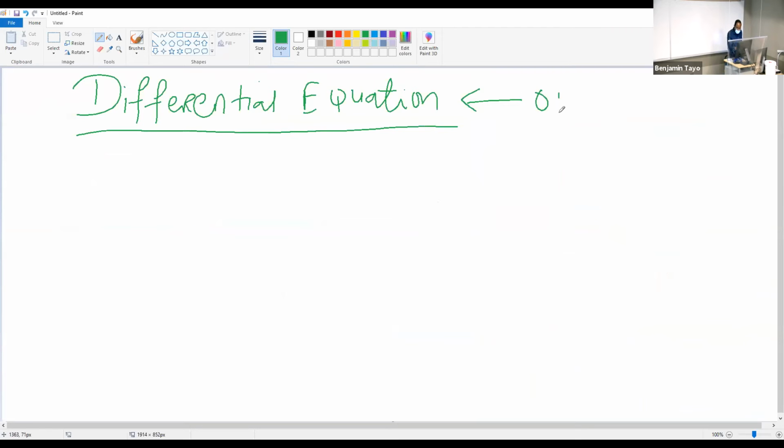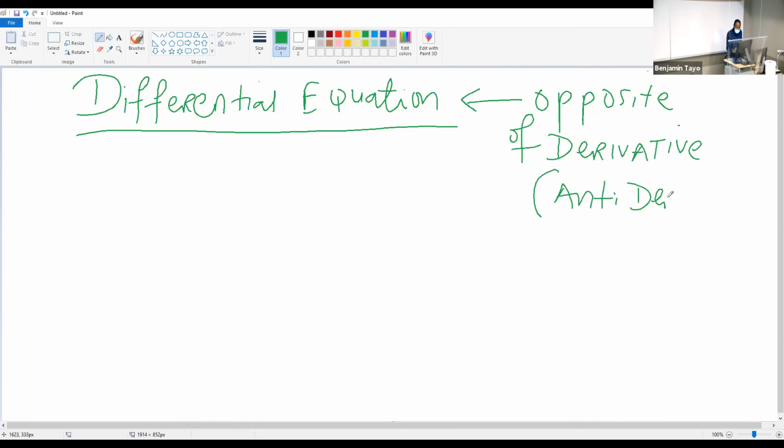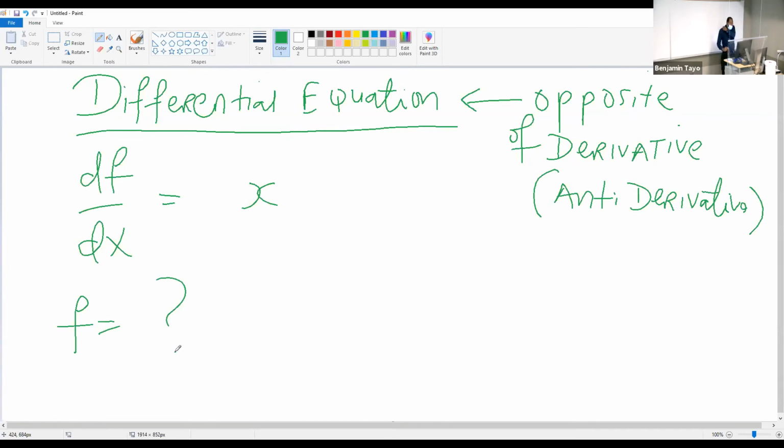This is almost like, if you think about it, it's just like saying that it's the opposite of the derivative. So for example, you can think about it as the anti-derivative. Now suppose that you have an equation that looks like this. What function is it such that when you take the derivative of that function with respect to x, it gives you x?